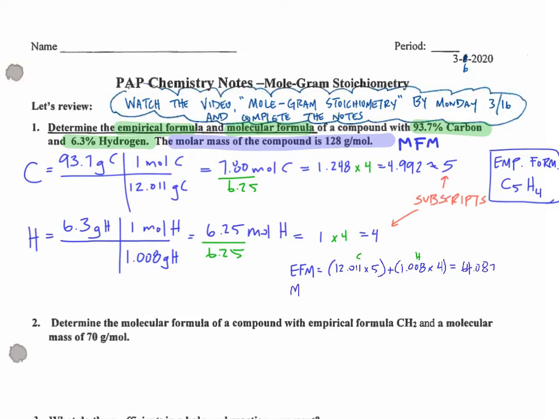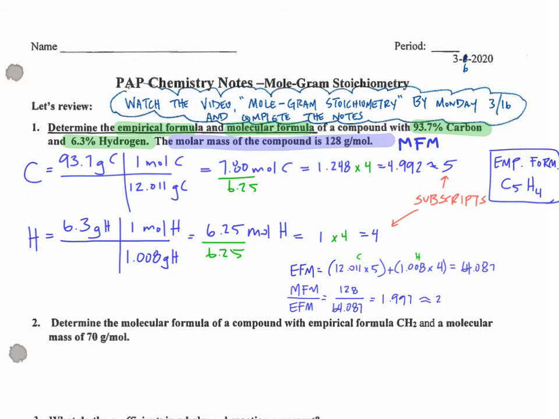Now I need to take the molecular formula mass and divide it by the empirical formula mass, and that gives me my integer for my molecular formula. The molecular formula mass was given up above. We said it was 128 grams per mole. So 128 divided by 64.087 gives me 1.997, which is approximately 2.